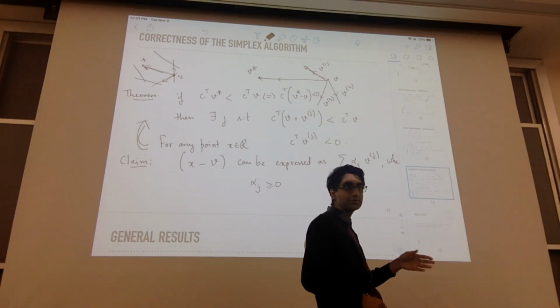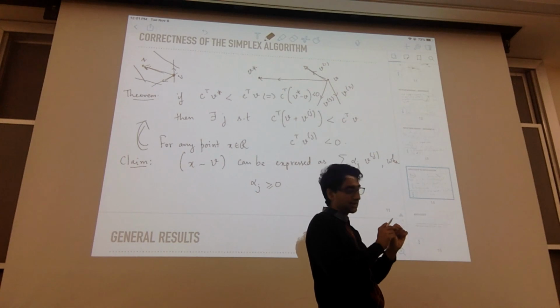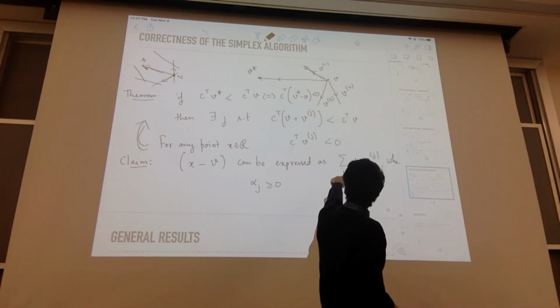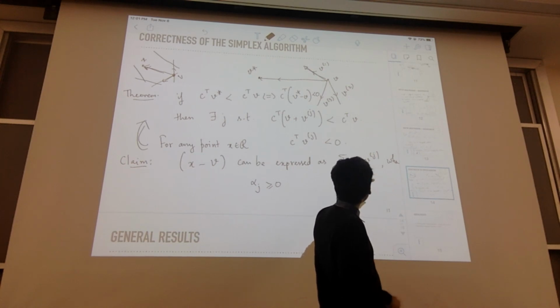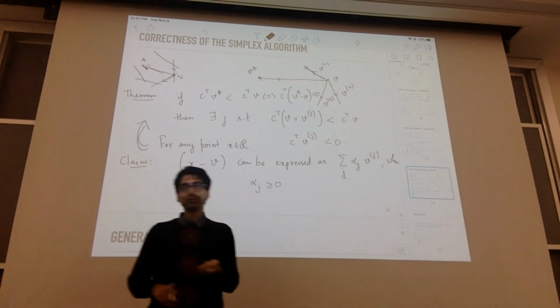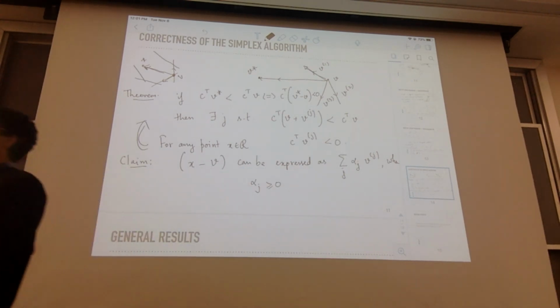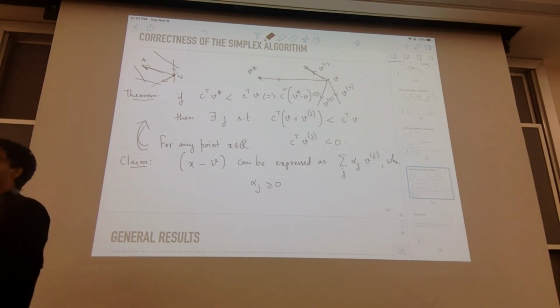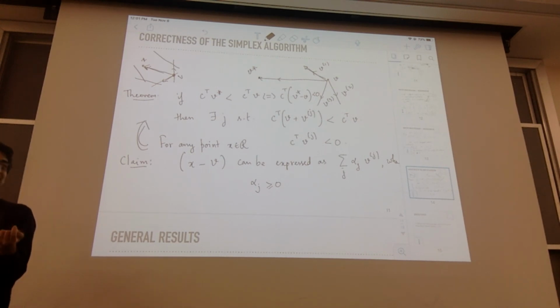The inner product is a linear thing, therefore C transpose times the sum of alpha j Vj is also bigger than or equal to 0. That contradicts the fact that C transpose times (V star minus V) is less than 0. Maybe this was obvious only to me, but do you want me to write it out?